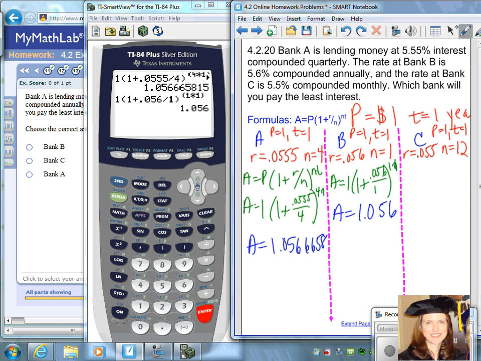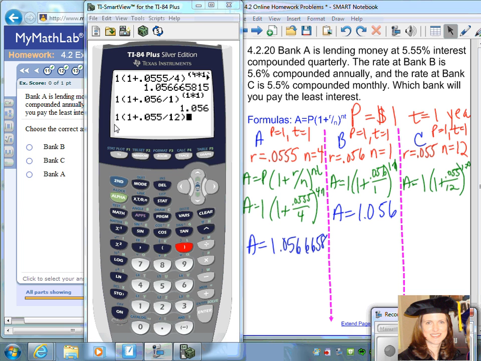Let's look at bank C. A would equal $1 times 1 plus 0.055 over 12 to the 12 times 1. Sorry about that. It's getting kind of tight there. But 12 times 1.